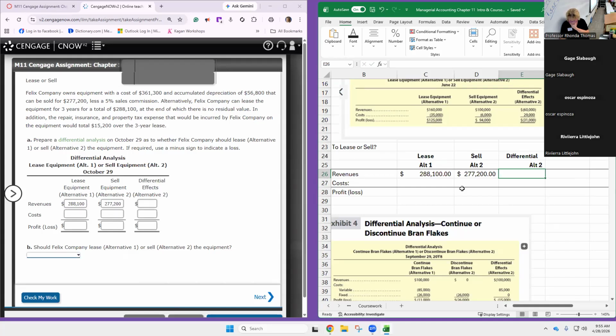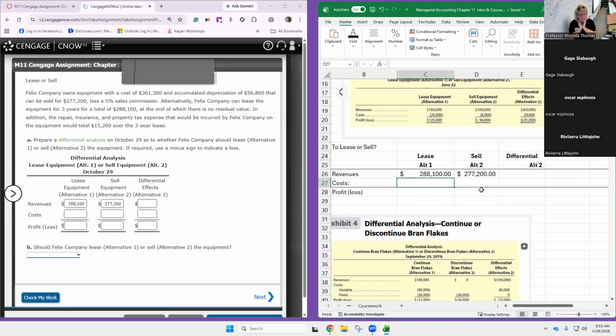It's the differential effects. And because this is revenue, remember, we've been looking at it from costs more than anything. Let's go ahead and put our costs in, and I'll explain which direction things are going.